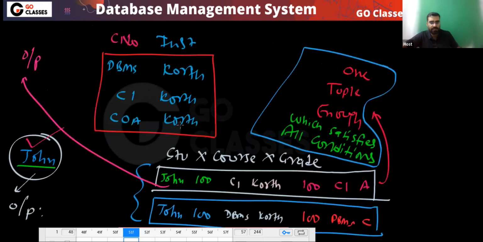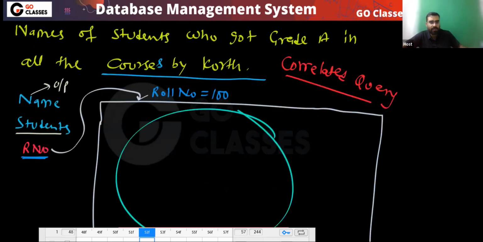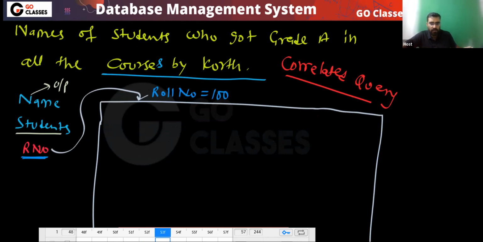Inside, what should happen? For this roll number, this thing should be empty. What thing should be empty?